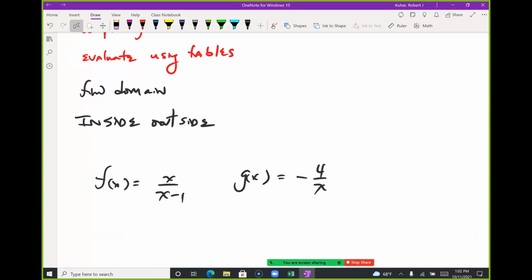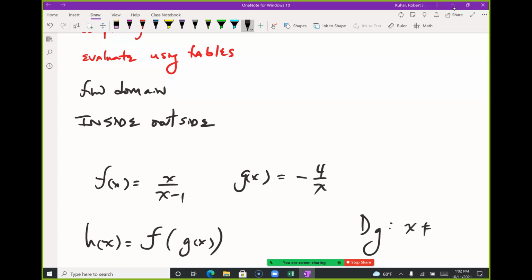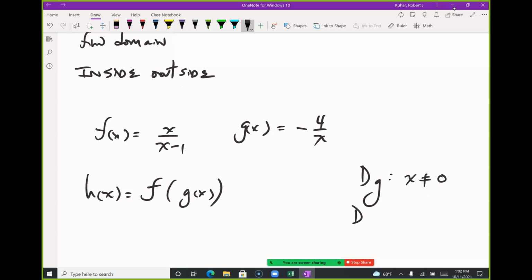So we want to find the composition h of f composed of g, right? And we want to find the domain. So first of all, what's the domain of g? Everything except 0. Nice. What's the domain of f?